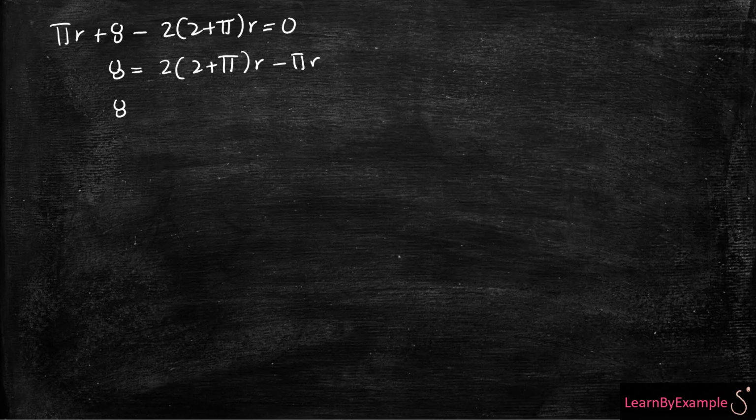And eventually you're going to end up with 8 is equal to (4 plus pi) r. And then r is going to be equal to 8 over (4 plus pi). Now I skipped a bunch of steps here because this is just simplification. If you're having problems doing that, then just post in the comments and we'll make sure to explain that to you guys in detail.